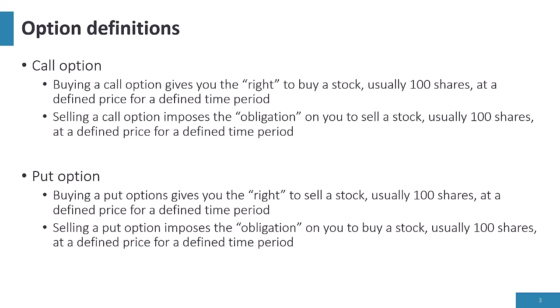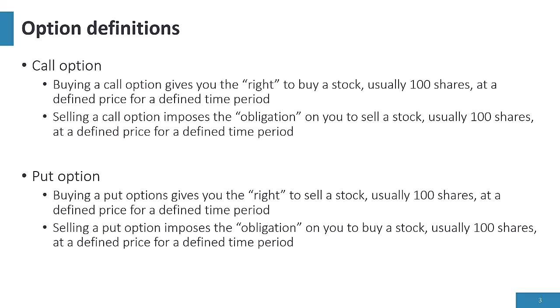We have two types of options, a call option and a put option, and we're going to be using both of those in this strategy. When we talk about options, we're going to be talking about rights and obligations. So buying an option is going to give you a right to do something, right? So if you buy a call option, it's going to give you a right to buy stock. And usually, and in all the cases we're going to be talking about, it's 100 shares.